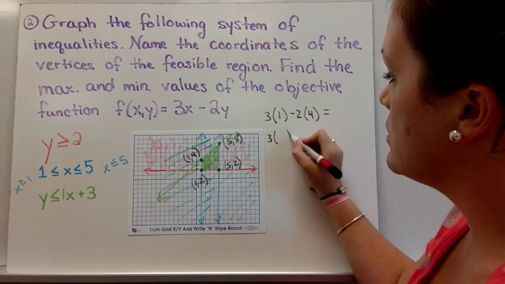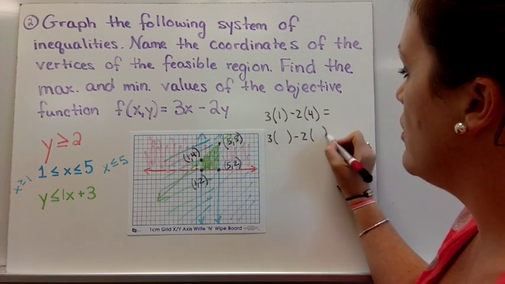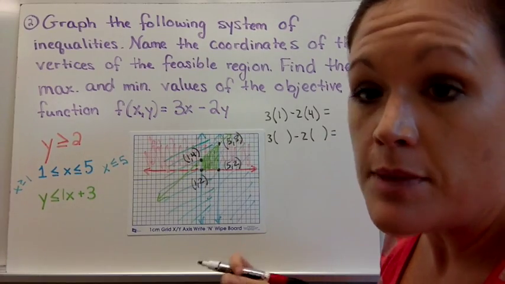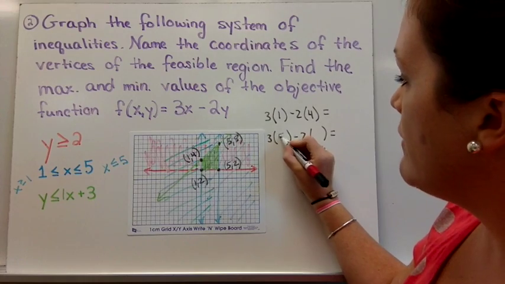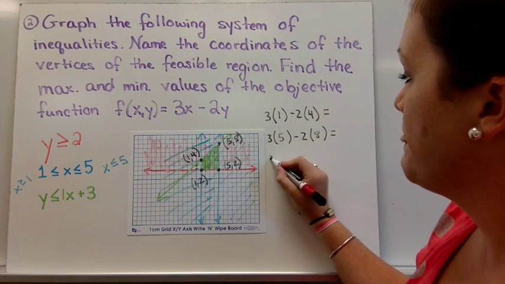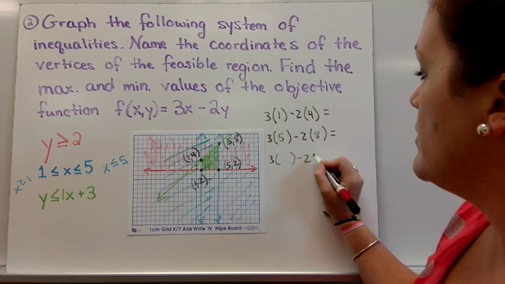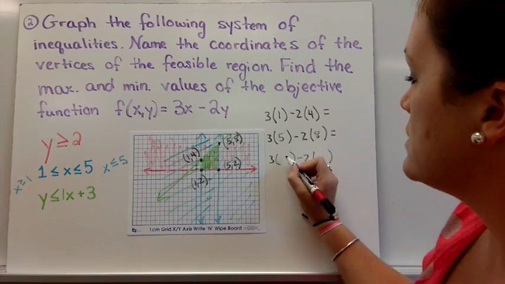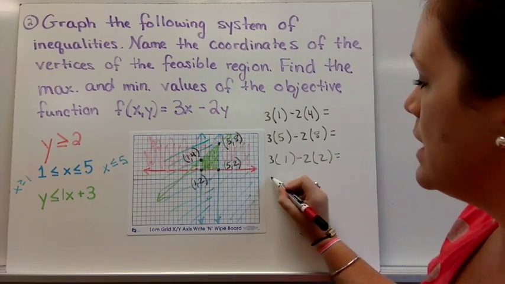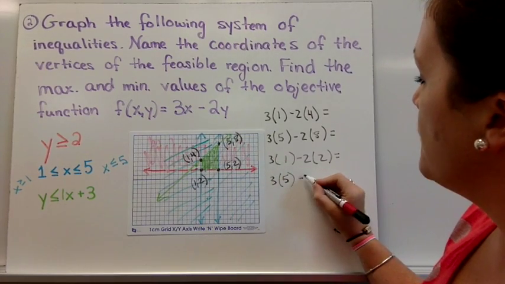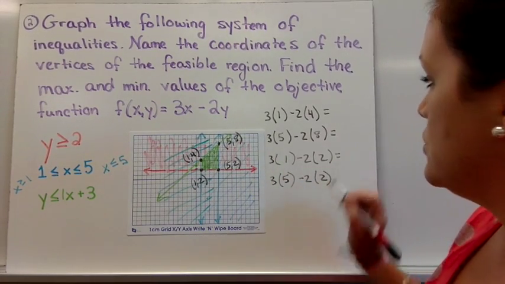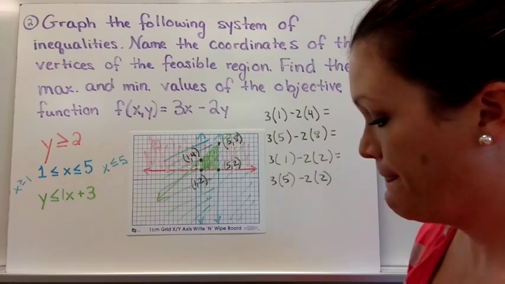Some of you might want to go ahead and write this down and fill it all in and then do your calculations in just a minute, because it's another way to organize our information. So I'm going to put 5 and 8 right there. The same setup will be for the third one. Let's put 1 and 2. We'll see what that gives us. I'm doing this last one right here, 5 and 2. So we just need to simplify.